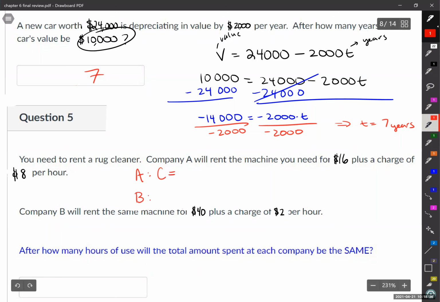In company A, we start with the fixed rate of $16 plus, let's say H is hours. So every hour we charge another $8.